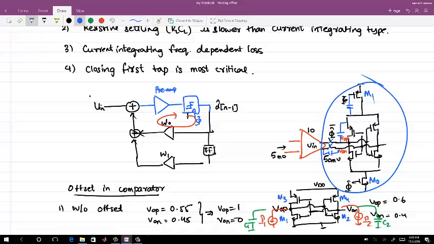What do you think you can do now to reduce the loop delay when it comes at the input of the comparator? So the loop delay which we are still looking at is, let me just remove this.